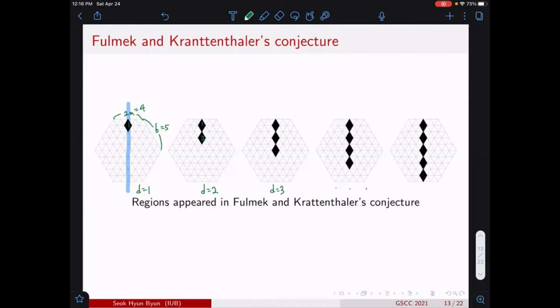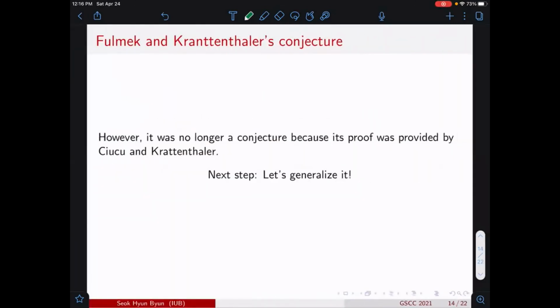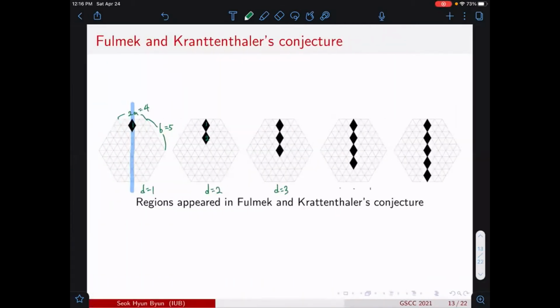I call it a conjecture, but I should not call it a conjecture because the proof of this conjecture was provided in a paper of Seok and Krattenthaler. But although it is not a conjecture, one can try to generalize it, right? Then how can you generalize it? Going back to this picture, this conjecture can be formulated as follows.